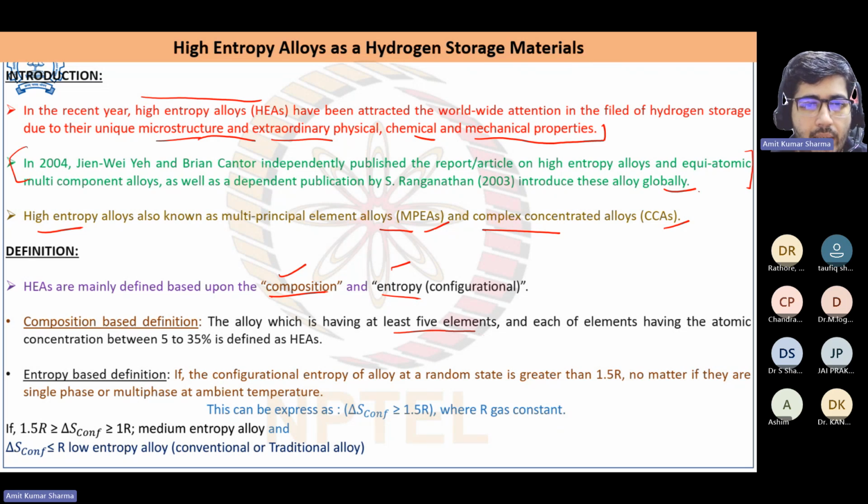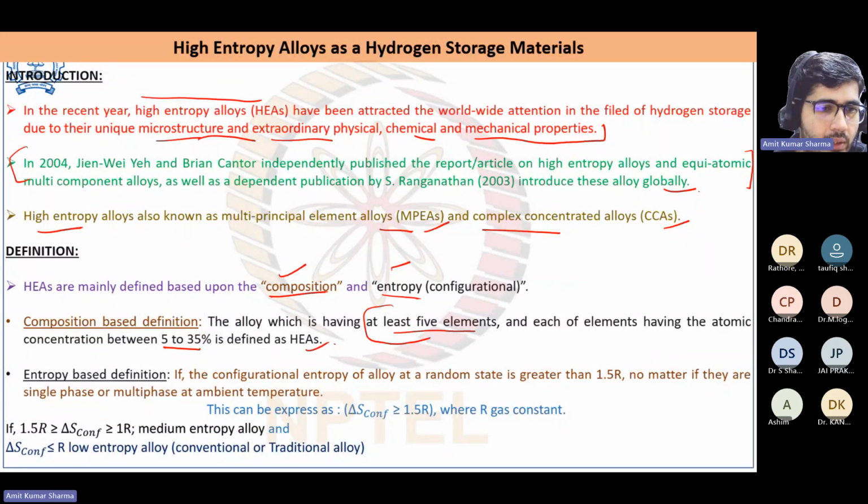There can be more than 5, no issue, but at least 5 elements should be there. And each element should have an atomic concentration between 5 to 35%. It's also important. So an alloy with at least 5 elements, each having an atomic concentration between 5 to 35%, is defined as a high entropy alloy.